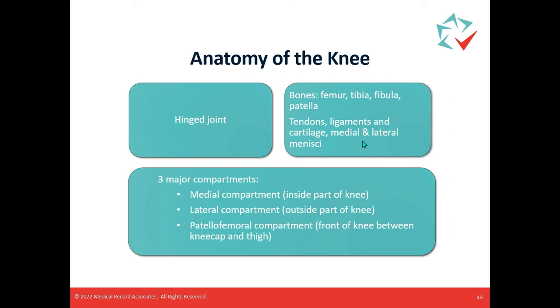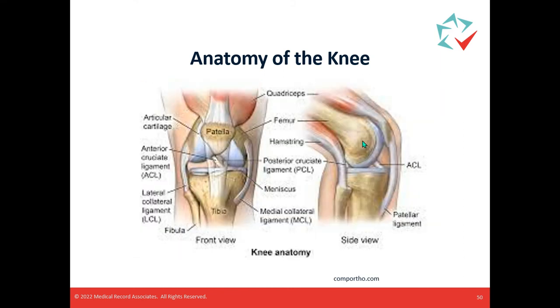The three major compartments of the knee are the medial, which is the inside of the knee, the lateral, which is the outside of the knee, and the patellofemoral compartment, which is the front of the knee between the kneecap and thigh. And here we have an illustration of the anatomy showing all of our components, and then the picture on the right demonstrates that hinge action of the knee.